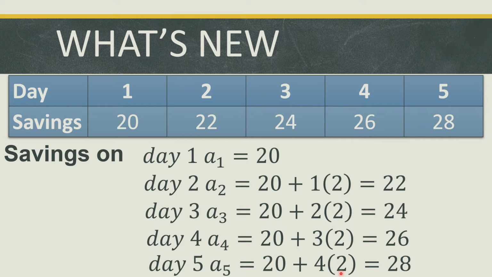And here, 2 is the common difference. But 1, 2, 3, and 4 is not quite the same as the number of terms. It is 1 less, or mas mababa ng isa yung pinamumultiply natin sa common difference based on the number of terms. So, paano kaya? Ano kaya ang mangyayari?